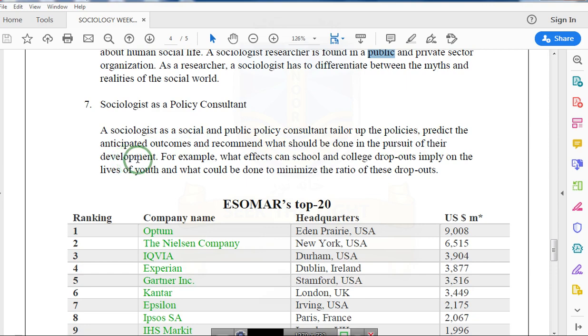For example, what effects can school and college dropouts, people who cannot finish their academic career and leave it halfway, have on the lives of youth, and what could be done to minimize the ratio of these dropouts.